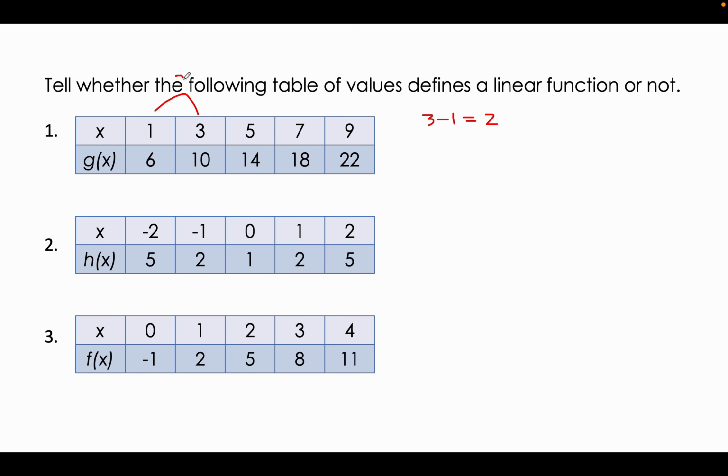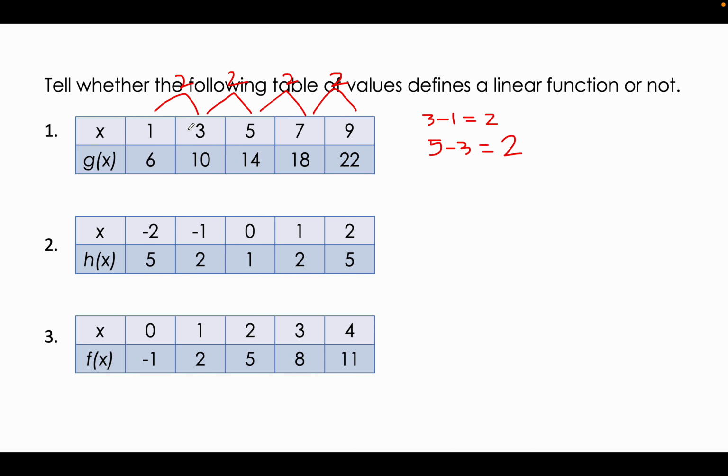So the difference is 2. Okay? How about between 3 and 5? That means we have 5 minus 3 equals 2. Okay, 2 still. How about 5 and 7? So we have 7 minus 5. We also have 2. 9 minus 7. Okay, the difference is 2.